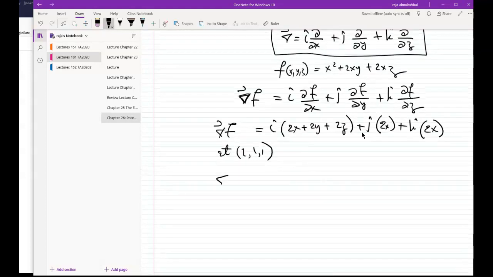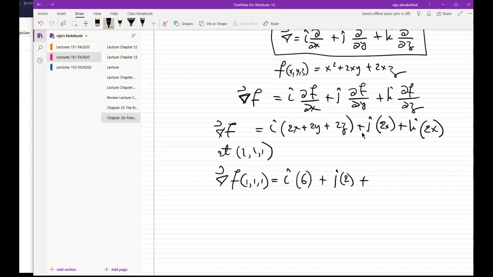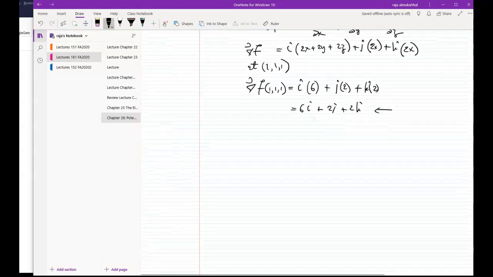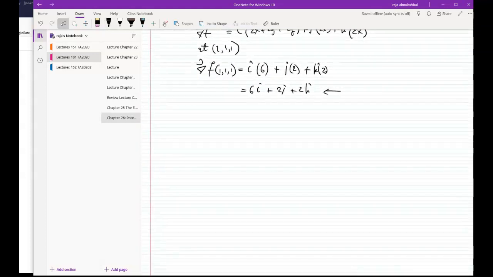So del f of 1, 1, 1 is going to be i times, 1 plus 2 plus 2 plus 2, that would be 6, plus j times 2 plus k times 2, and that would give me 6i plus 2j plus 2k. This is the del operator. You may say, what the heck is that? Why do we do all of that? Well, let me explain it to you briefly.